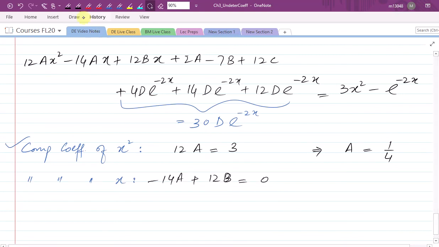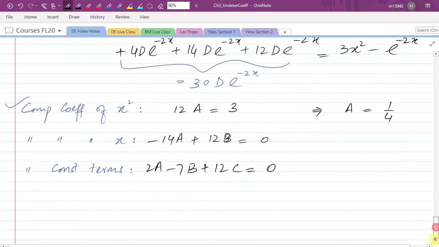Let us first write our equations, all of them. So comparing constant terms, which will be constant terms on this side is 2a minus 7b plus 12c equals, and on the right hand side there is no constant term, there are only two functions, so again 0.